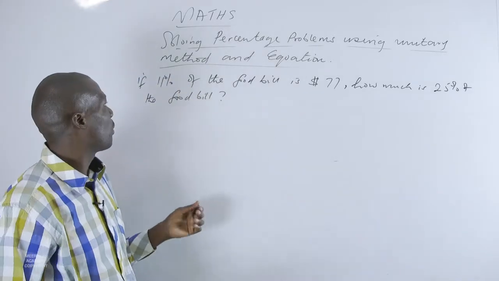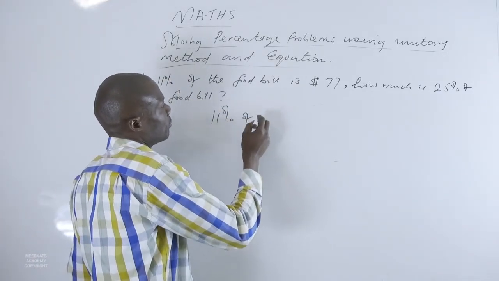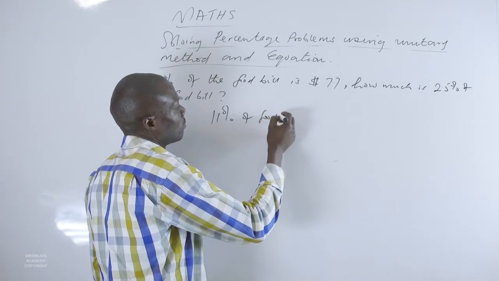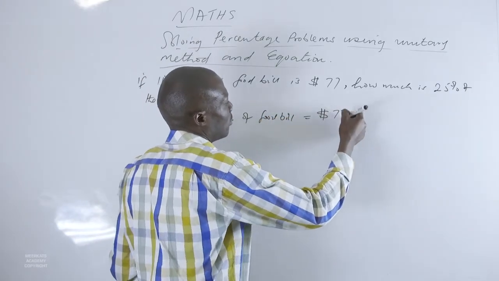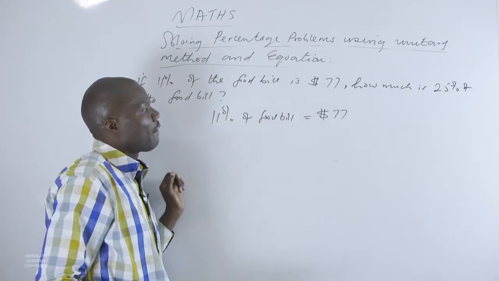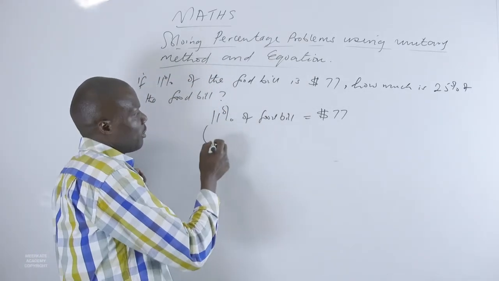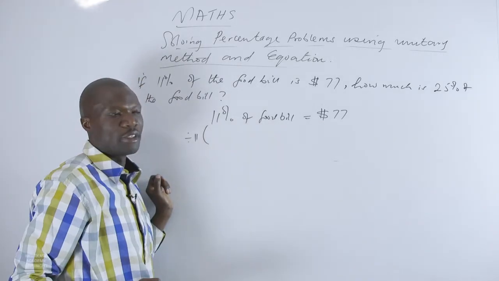The unitary method will require us to say that 11% of the food bill is $77. We divide this side by 11.